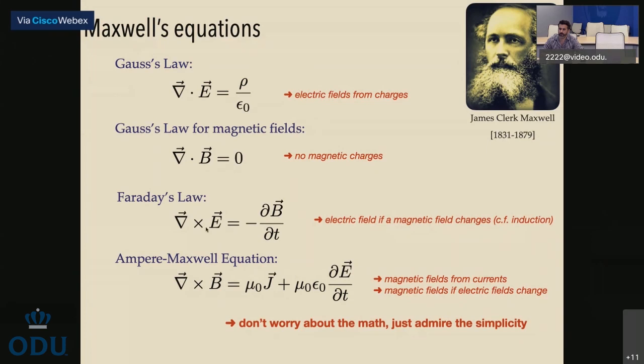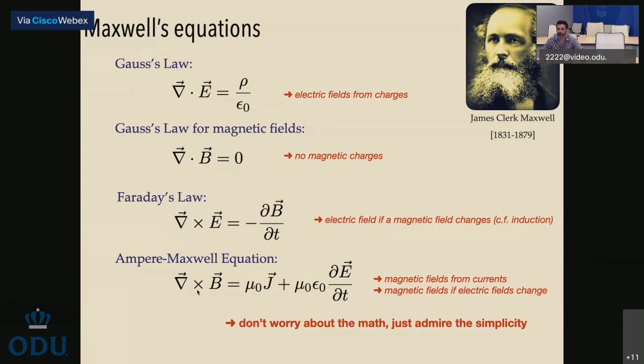The next equation is Faraday's law, which gives you a relationship between the electric field and the magnetic field. Here in particular, you're seeing a variation of the magnetic field as a function of time. And this is a variation as a function of space. The punchline is that you can have electric fields if a magnetic field is changing as a function of time. That's what this equation tells you.